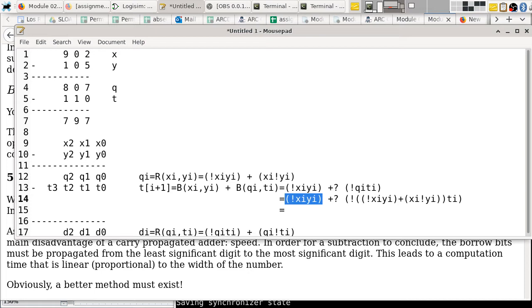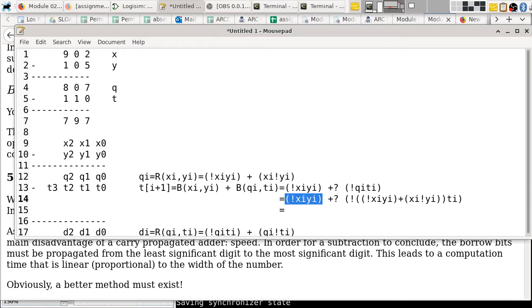There's only one way to make it a 1, right? XI has to be a 0, and YI has to be a 1. Very good. Let's say this side is a 1 already, but that locks in what XI and YI should be, right? XI has to be a 0 and YI has to be a 1. Are we good so far?